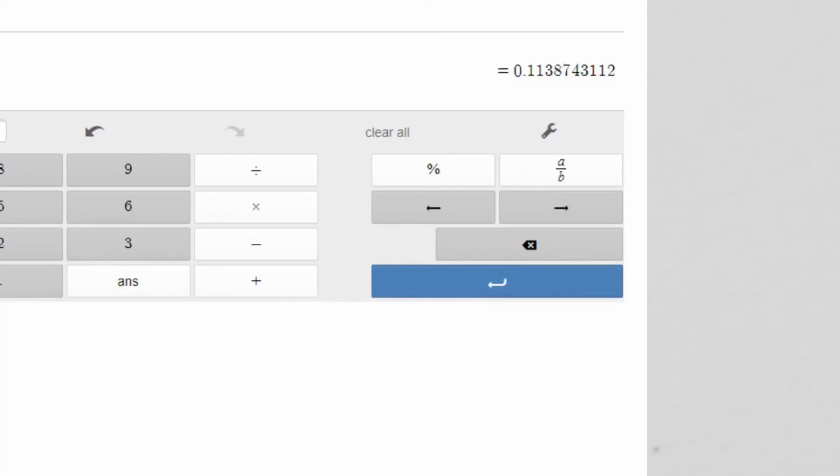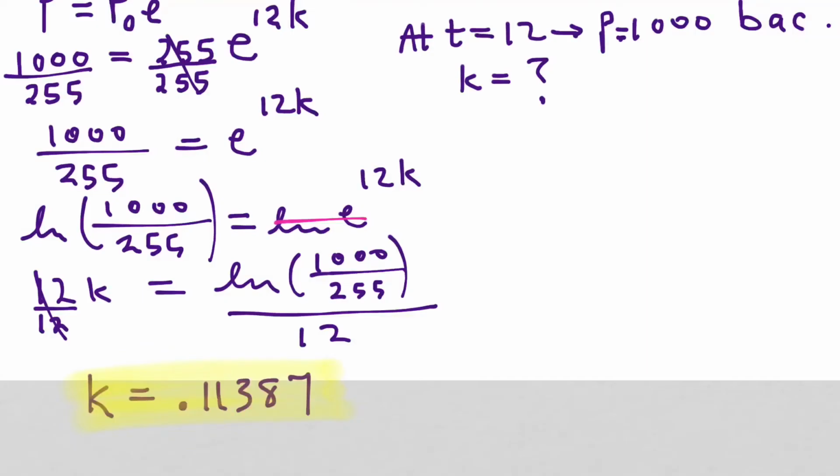You want to keep a significant number of digits. You can lose accuracy very quickly if you round any closer than 4 digits on an exponential problem because they're very sensitive to the accuracy of the rate. So the rate is 0.11387.